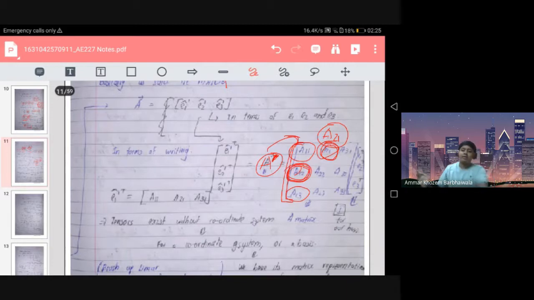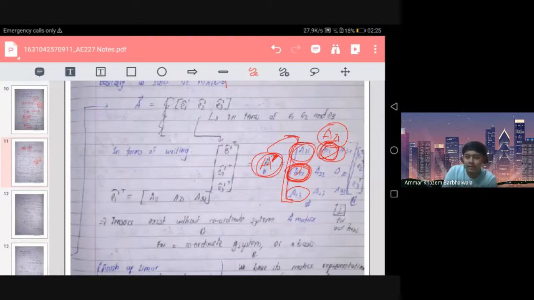So there's no difference in indices. A12 in MA106 equals A12 in this course, but when we write A12, A23, and all the components of that tensor, we use this notation for the matrix representation of a tensor. So there's only a difference in the matrix representation, but no basic difference in the indices or components of the tensor.